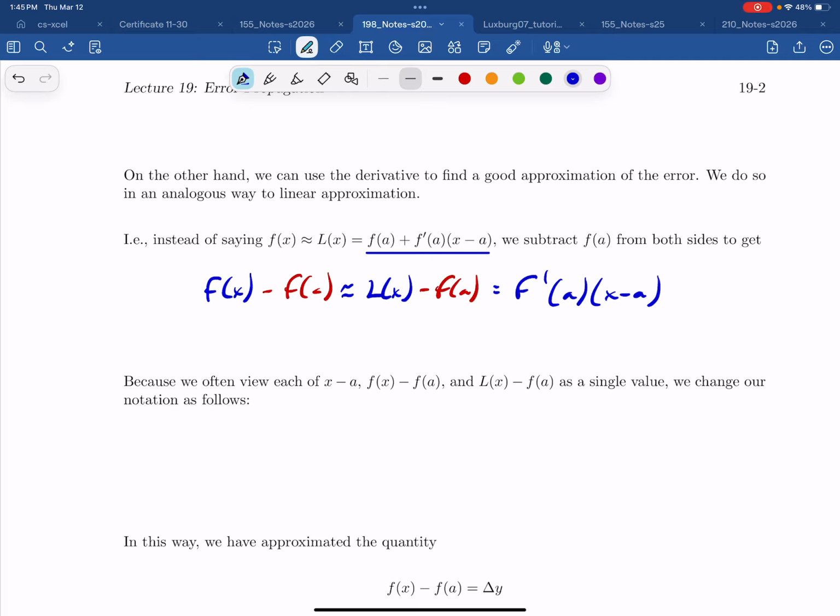And then we say, well, look, we're really interested in the difference, right? We really don't care about f of x and f of a, L of x and f of a, etc. And we don't even care about x and a, right? So what we're really going to do is just say, let delta y equal f of x minus f of a.